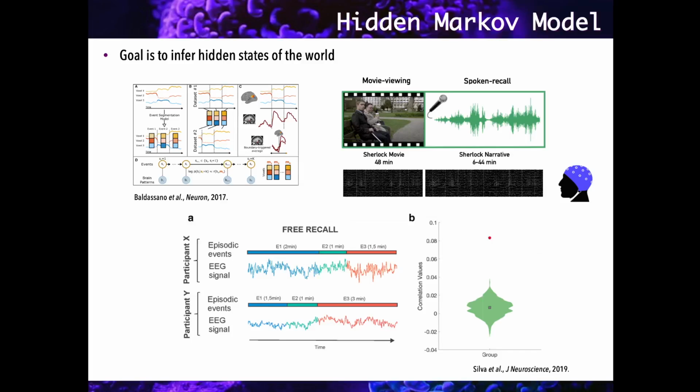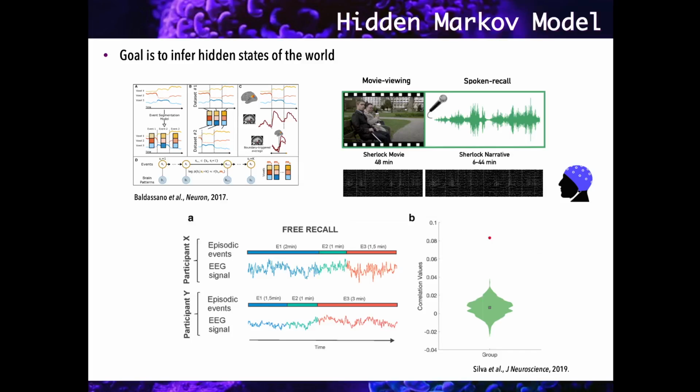So when we only have the data and we have this difference between participants, it can be pretty hard to uncover these different events of the world, which in this case would correspond to the scenes in the movie. So what we did was apply these Markov models to segment this recall data into different events based on what we expected the patterns of activity to be from the encoding of the movie.